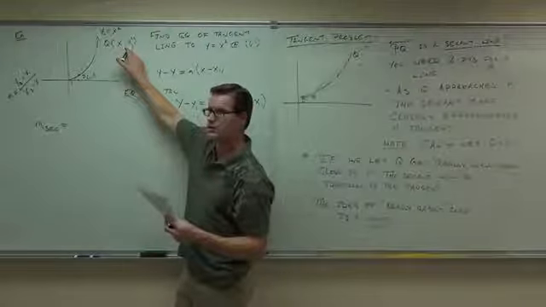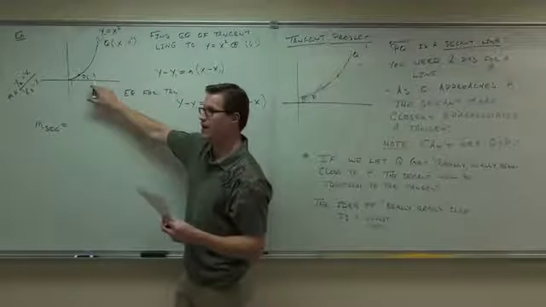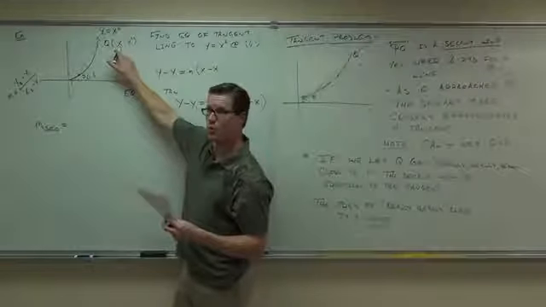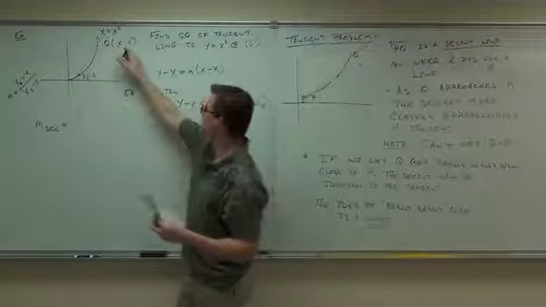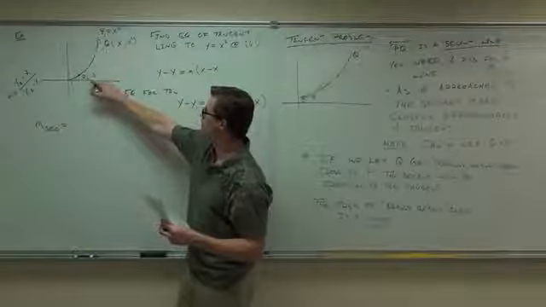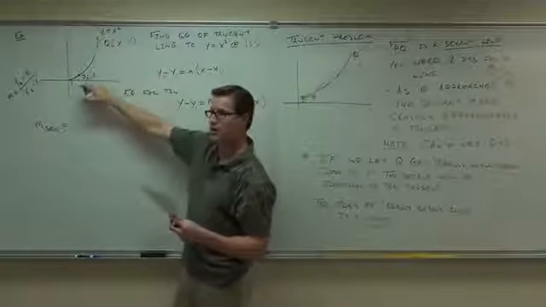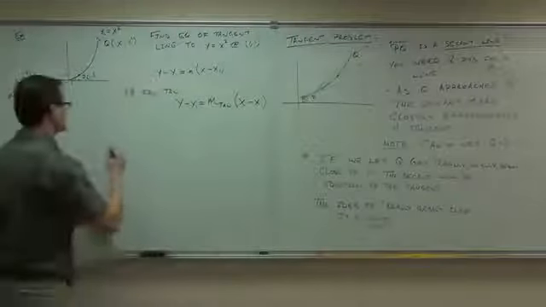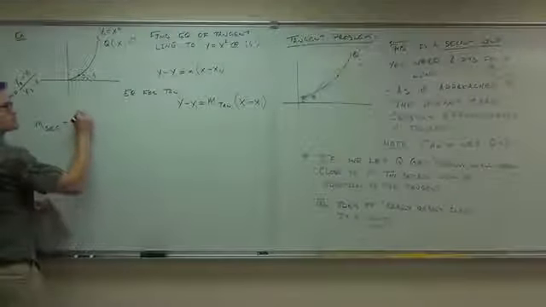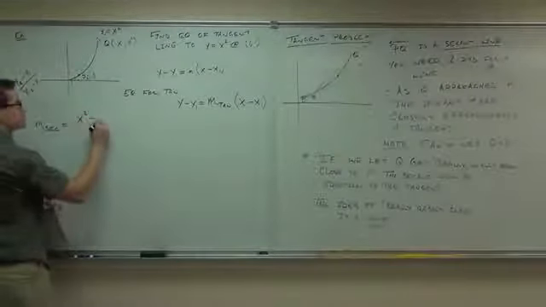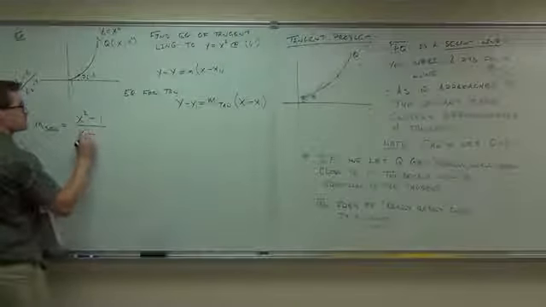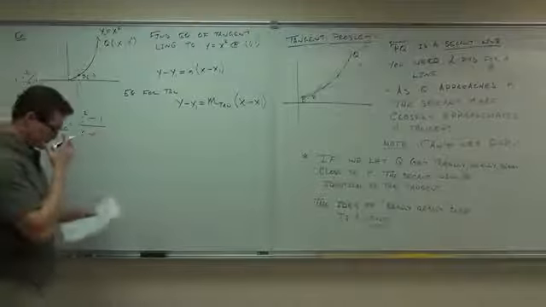Not x. Would be 1. What's our x2? What's our x1? Okay. y2 minus y1 over x2 minus x1. So what we'd have for the slope of our secant is y2 minus y1 over x2 minus x1.